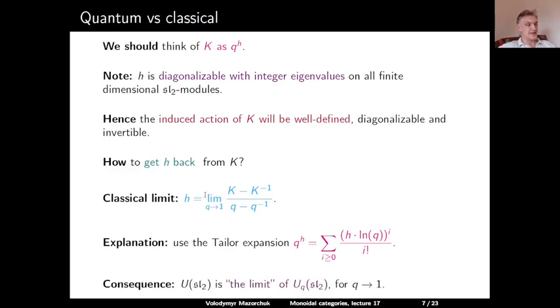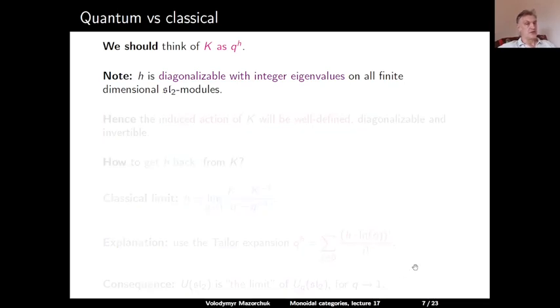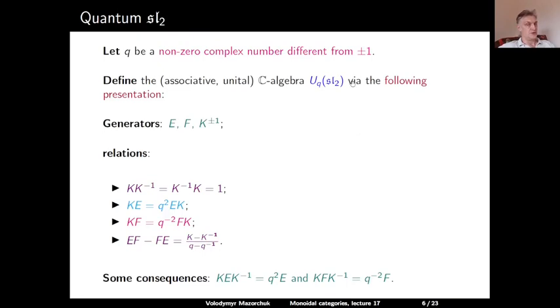So in this sense, one can view the universal enveloping algebra of SL2 as the limit, in such a sense, of the quantum algebra UQSL2 when q goes to 1. Note that the definition of UQSL2 requires that q is different from 1, for otherwise this is definitely not defined. So the last relation doesn't make sense if q is equal to 1.